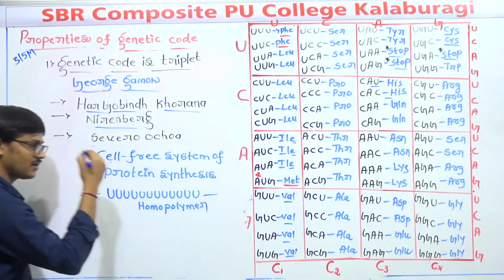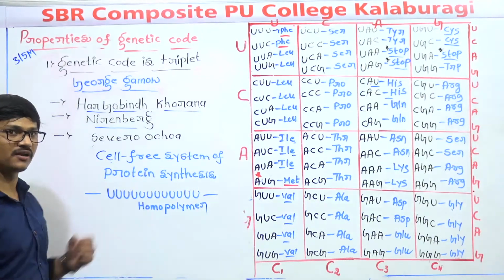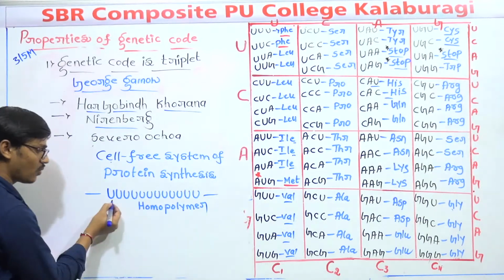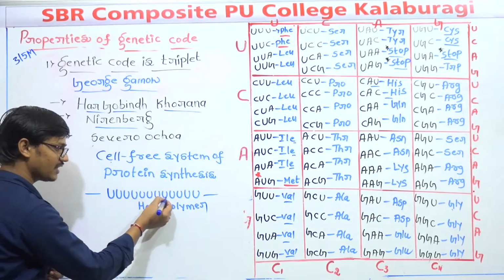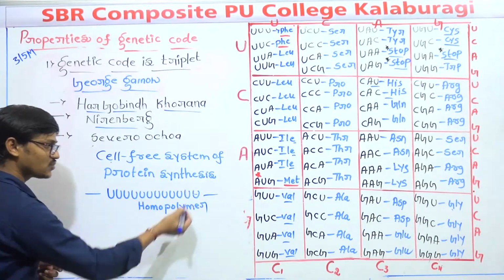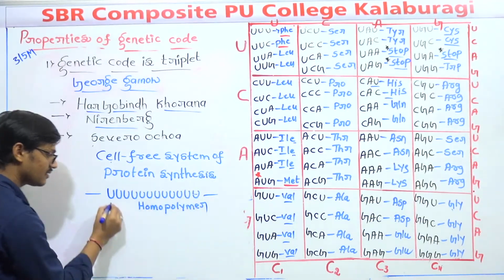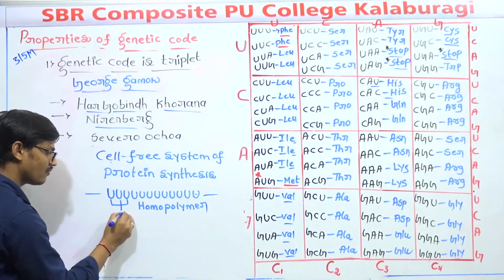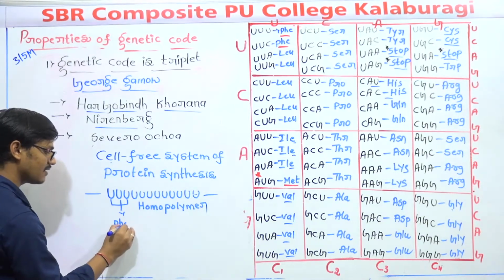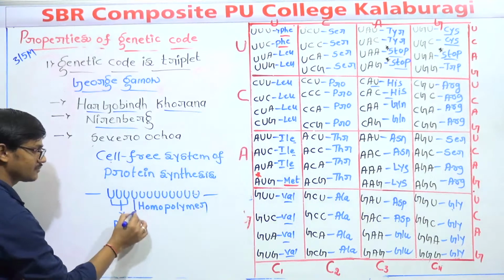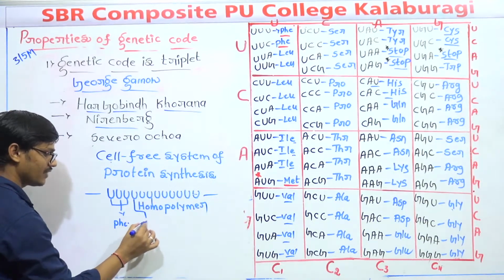Then he allowed this RNA to synthesize protein, and he found that when the RNA has 12 uracil, 1, 2, 3, 4, 5, 6, 7, 8, 9, 10, 11, and 12, every three will go for one amino acid, that is phenylalanine. Here also phenylalanine.